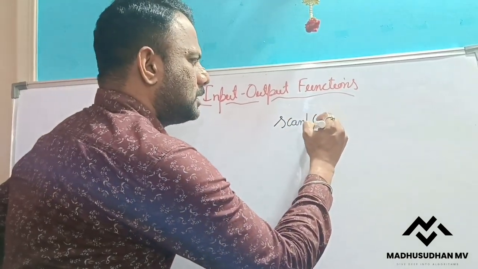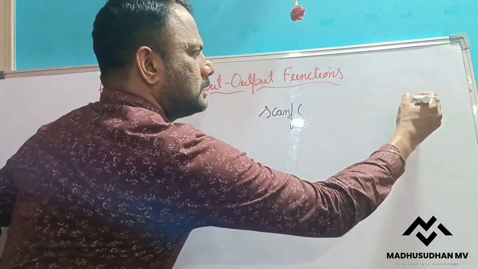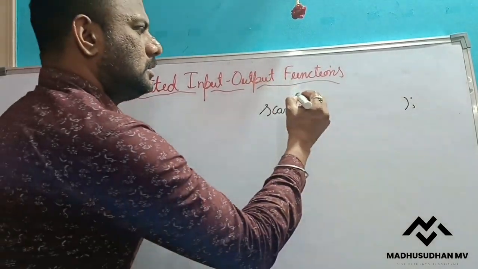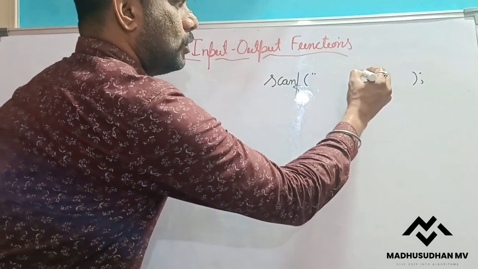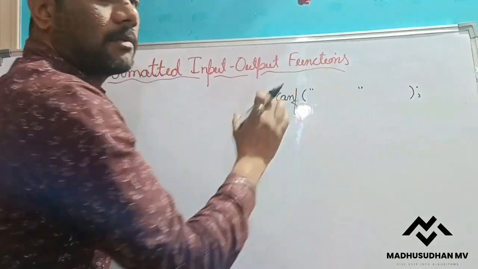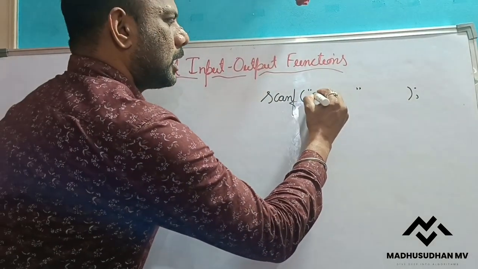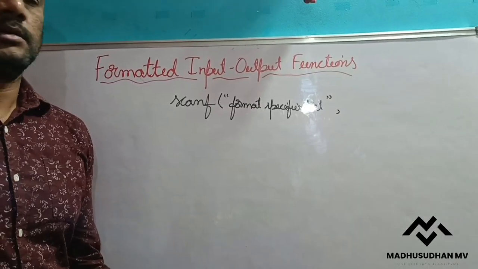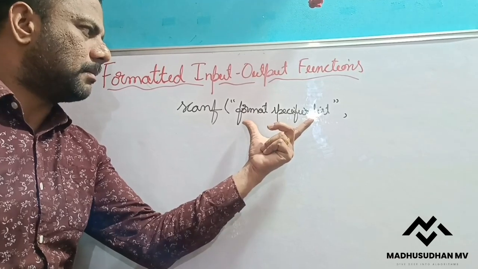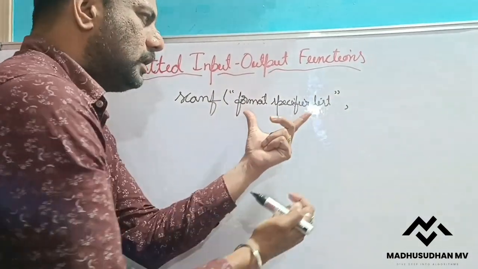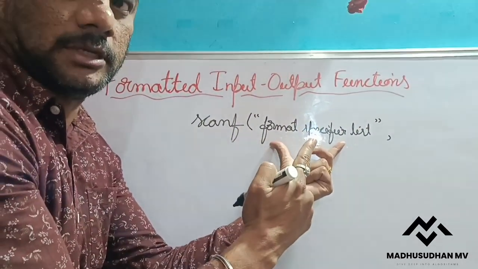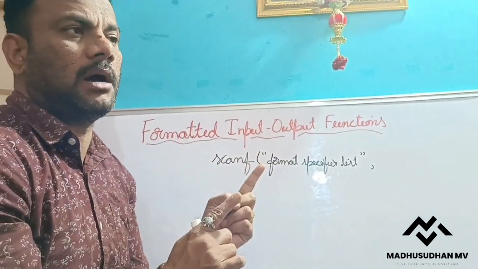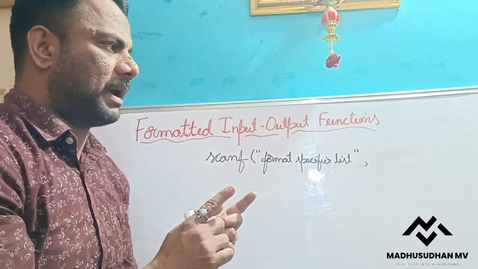A function is always followed by a pair of brackets and then a semicolon at the end. In the general syntax of scanf, within the double quotes, we need to write the format specifier list. Within the brackets and double quotes, we list all the format specifiers without any space, comma, or backslash characters.